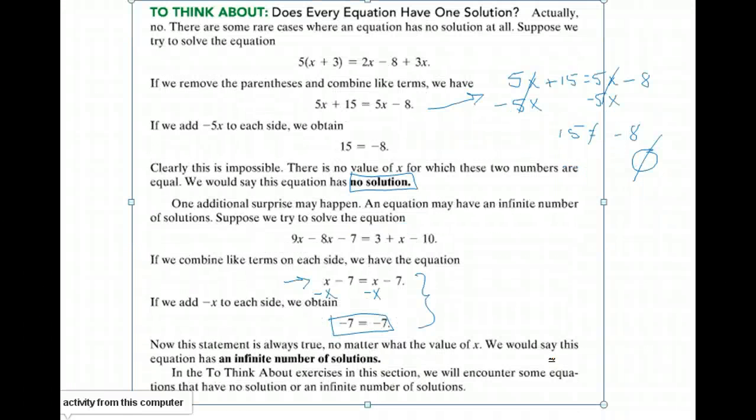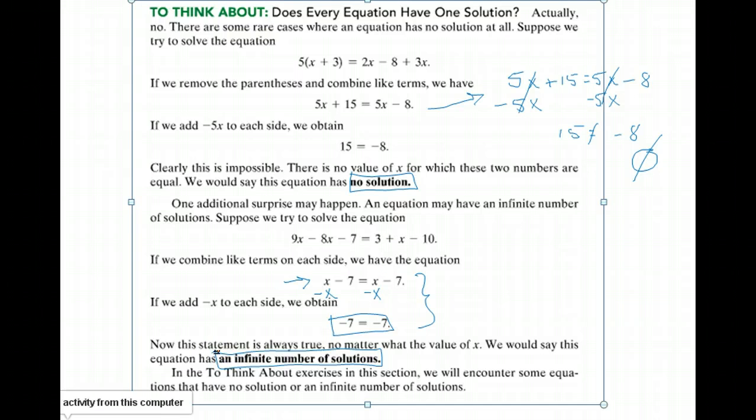That is a true statement. So the answer to this equation, since there is no x left, is that the equation has an infinite number of solutions, and you would write those words as the answer.